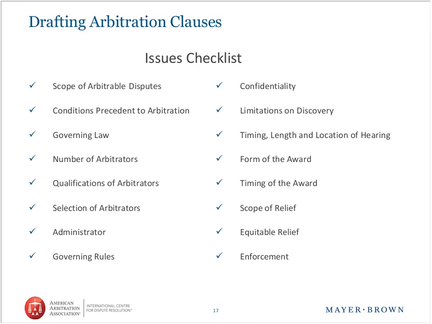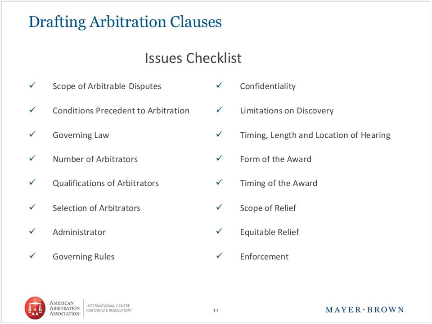Just simple points like, do you want arbitrators to come from a common law or civil law jurisdiction? That is a critical difference. And finally, do you want party-appointed arbitrators? Do you want institutional-appointed arbitrators? Again, a critical difference, and some of these can literally be outcome determinative.